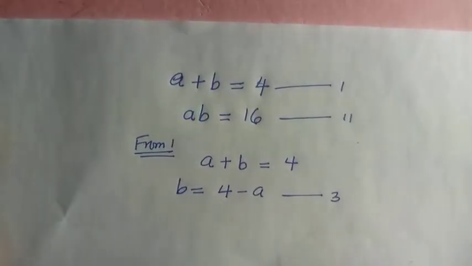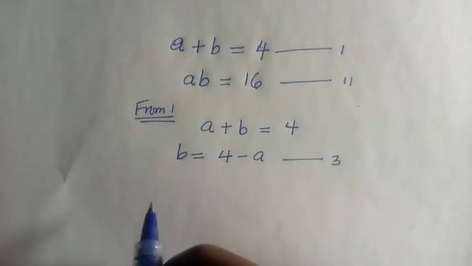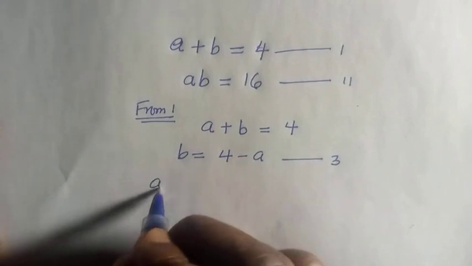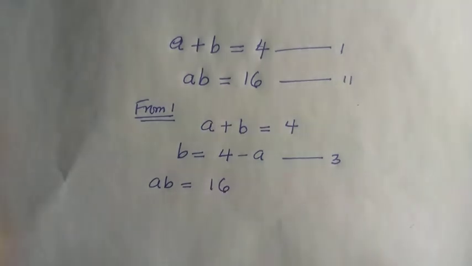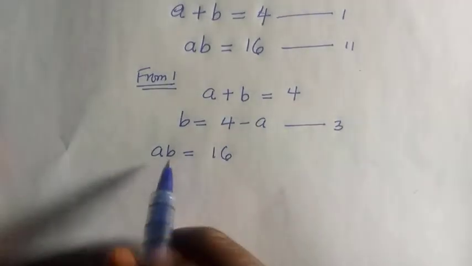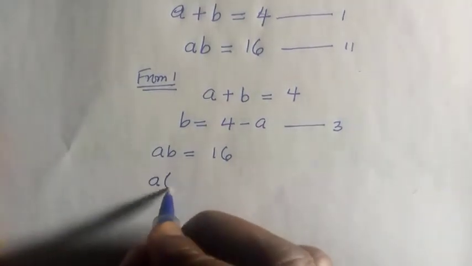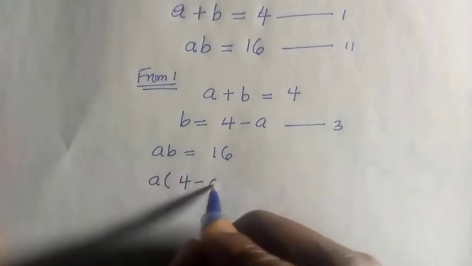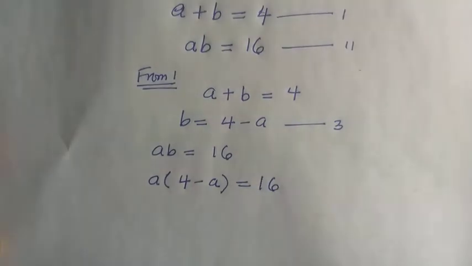this one equation 3. Then we substitute equation 3 into equation 2, and equation 2 says ab equals 16. That is, anywhere we see b here, we replace it with 4 minus a, so that we have a into bracket of 4 minus a equals 16.